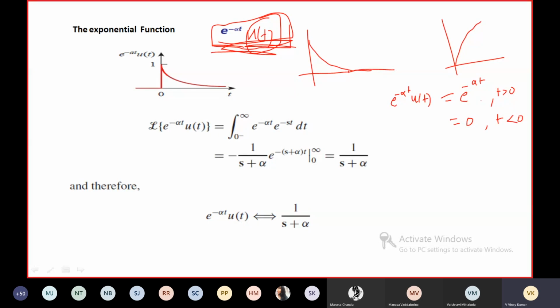For t greater than 0, this is into 1, because u of t is equal to 1 for t greater than 0.